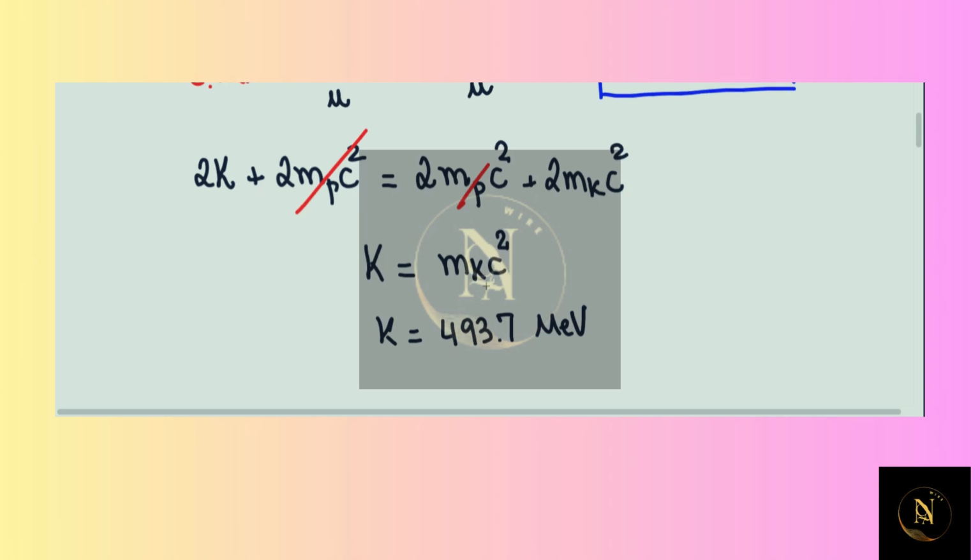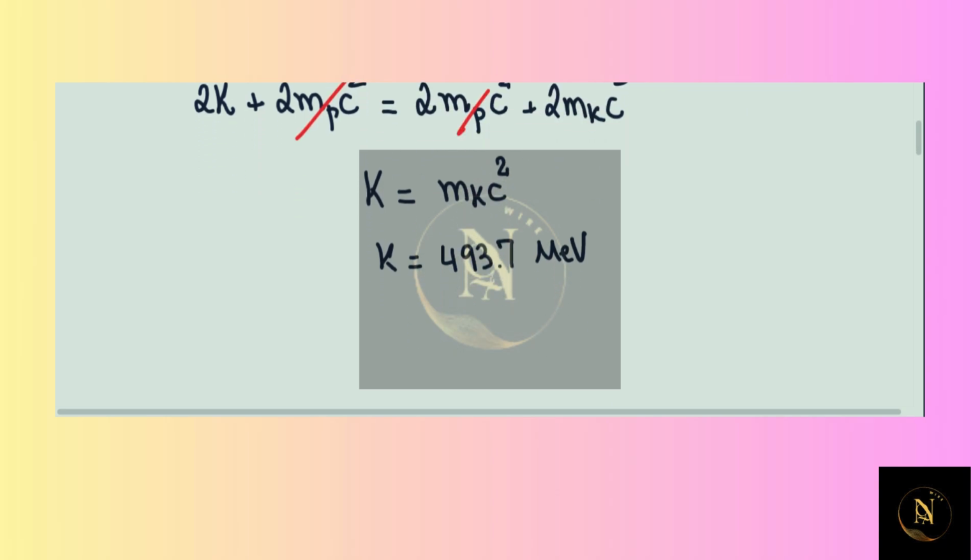And now with this information, we can calculate gamma. So remember that K is gamma minus 1 times m_p c squared, where m_p is the mass of the proton, and this is the mass of the K, c squared.